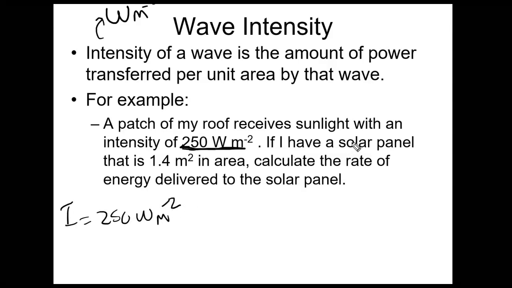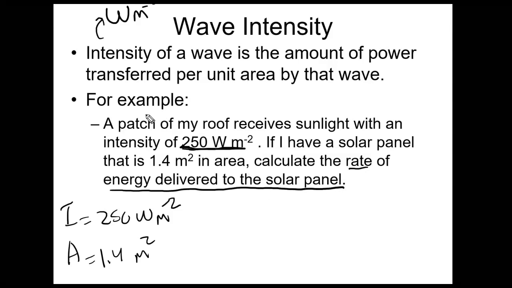And then if I have a solar panel that is 1.4 square meters in area, I want to calculate the rate of energy delivered to the solar panel. Rate of energy is power. So this question is basically asking, what is the power delivered to the solar panel?